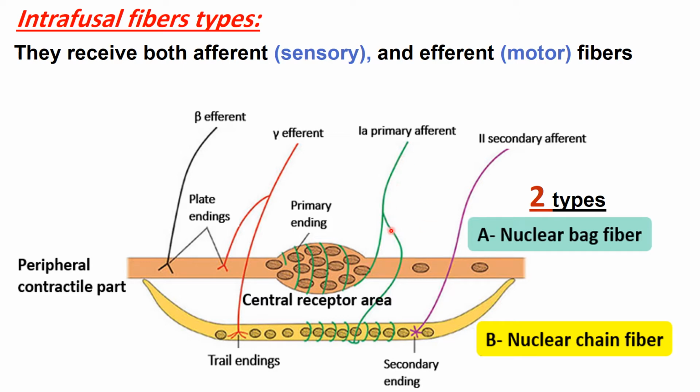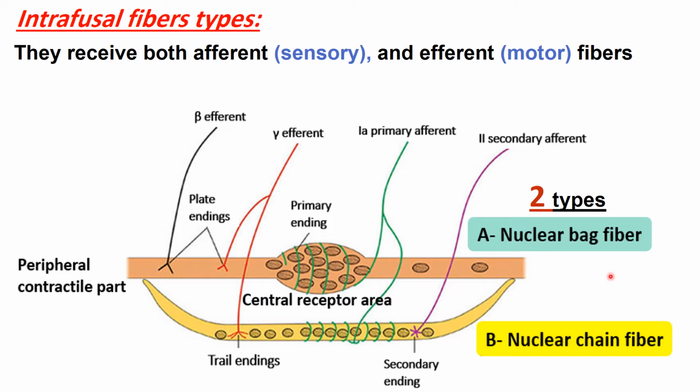The primary afferent fibers end on both the nuclear bag and the nuclear chain. This is the first type of the afferents, the primary or 1A afferent fibers.